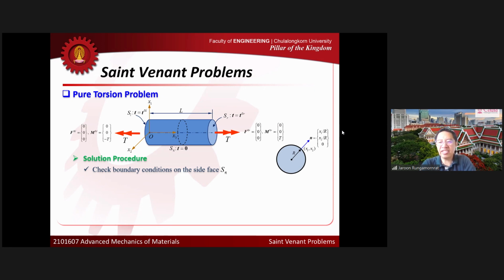Okay, so in this particular case, we get some important information regarding the unit normal vector. If I look at a point x1, x2 along the circumference of the circle, let's say the radius of the circle is r. I can use the geometry of the circle to conclude that the outward unit normal vector at any point x1, x2 on the circumference is simply the vector (x1/r, x2/r, 0).